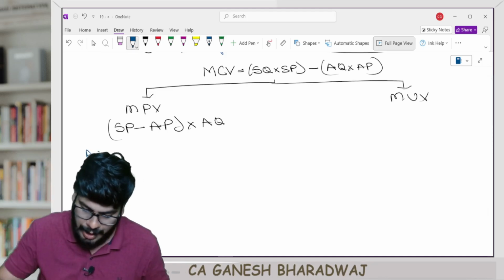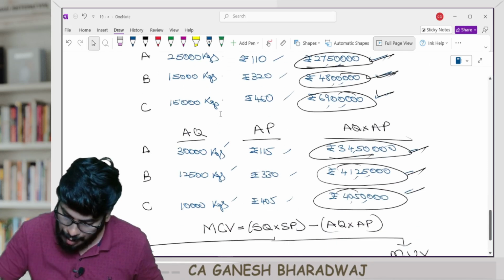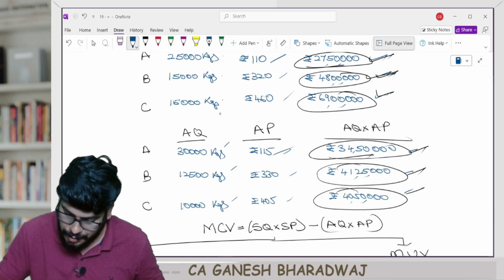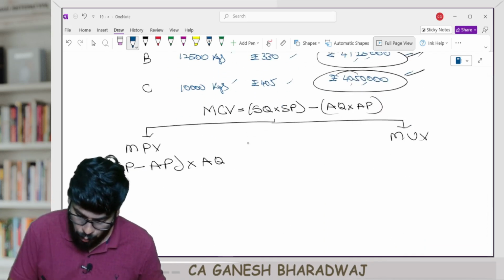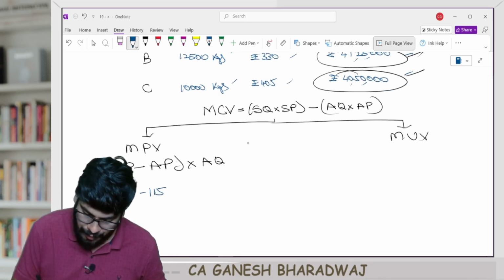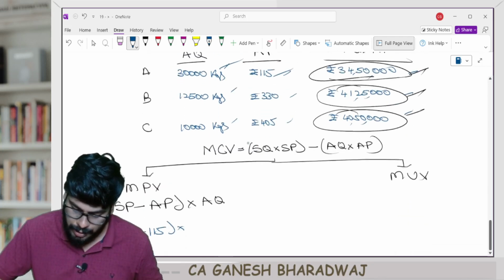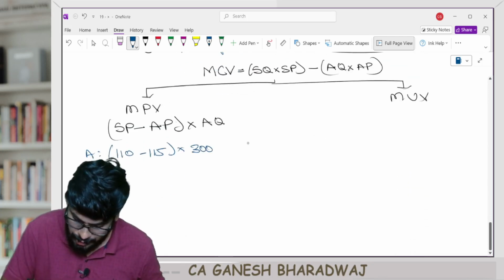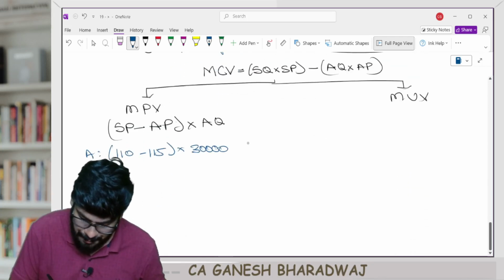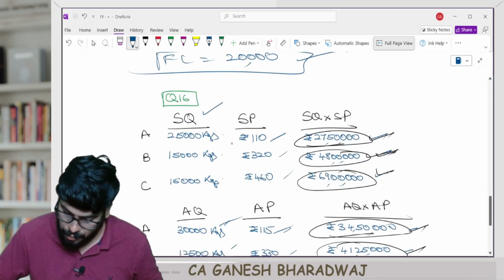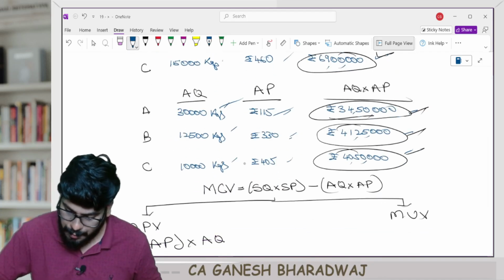So for product A, what is the standard price? Go up, it's 110 rupees. Actual price is how much? 115. So it's going to be 110 minus 115 into actual quantity. What is the actual quantity here? 30,000 kgs. Similarly, for product B, standard price is 320, actual price is 330.